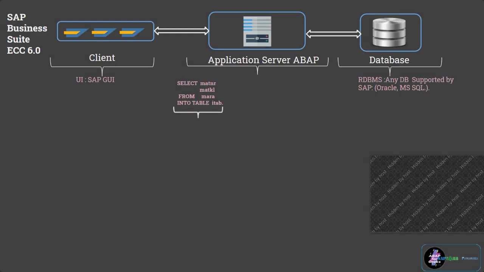Because of this open SQL, there is a concept called the DB interface, which takes care of converting the open SQL statement into native SQL. Irrespective of the database, if Oracle is there, this select query will be converted into a query that can be understood by Oracle.